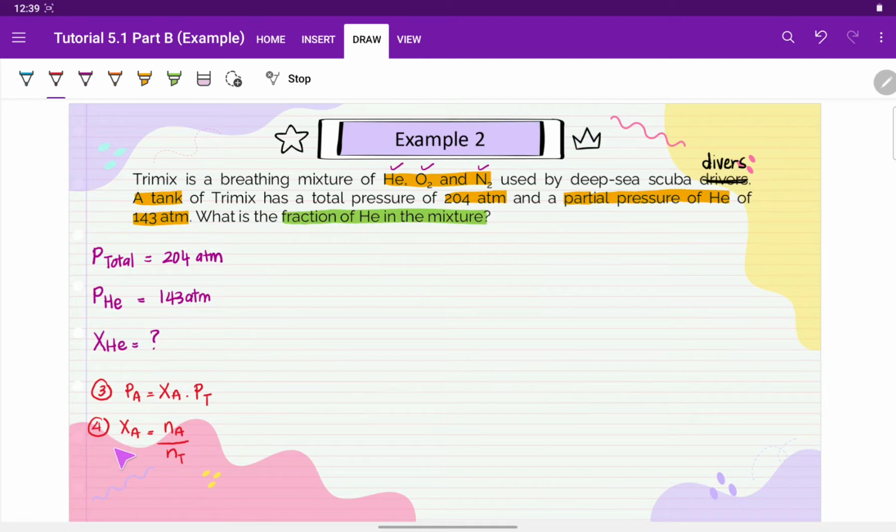So if I want to use equation number 4, I need to have the number of moles of helium and I need to have the total number of moles. Total here means what?